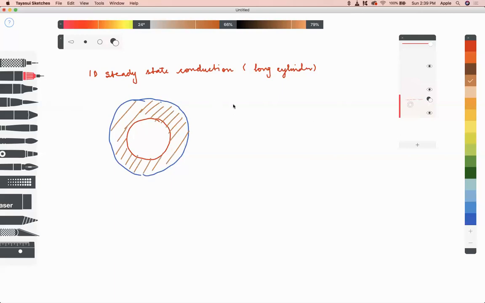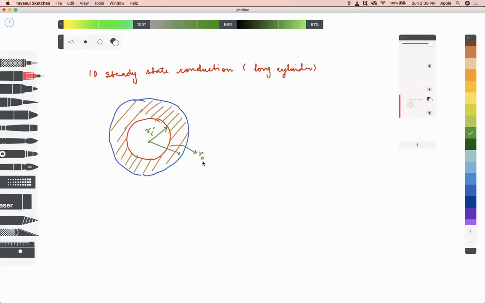Now in this case, let's say there are two scenarios that will come. So this is at a radius Ri, inner radius Ri, and this is at an outer radius Ro.